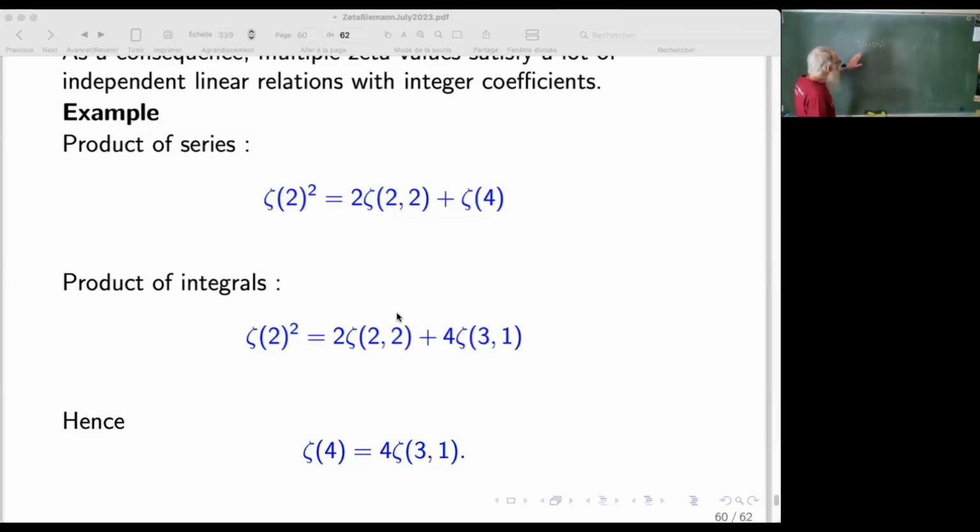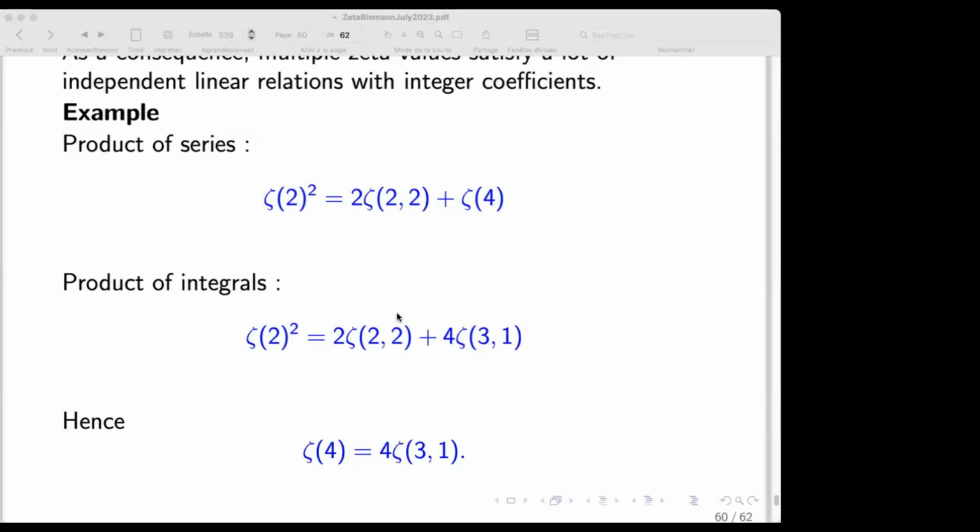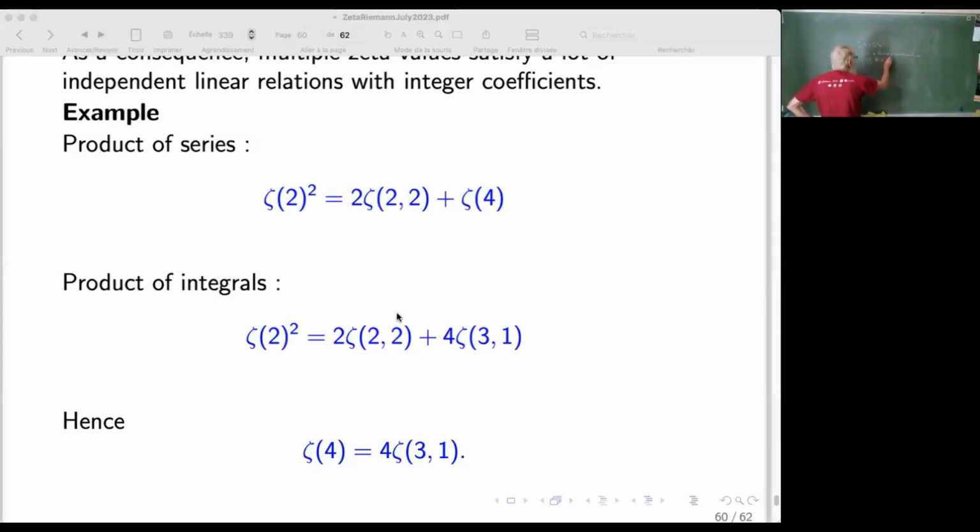And zeta of S1 times zeta of S2 is a linear combination of MZV. The MZV are the values like zeta of T1, T2. In fact, it's sufficient to take two variables, and zeta of T1, T2 are the ones that I defined just before.